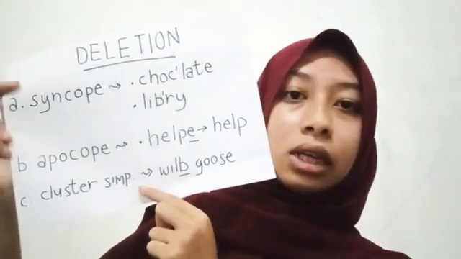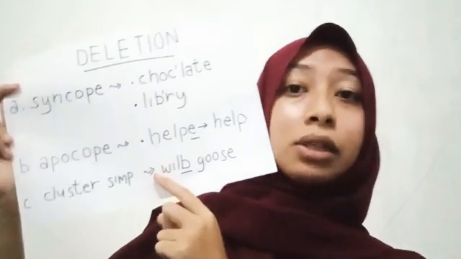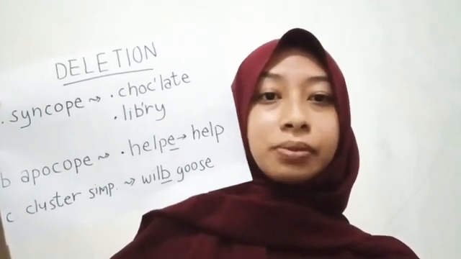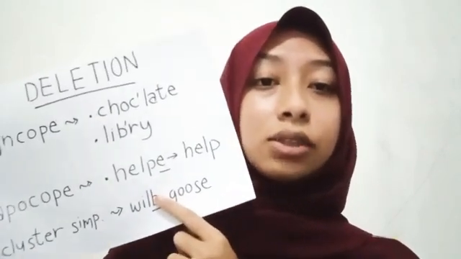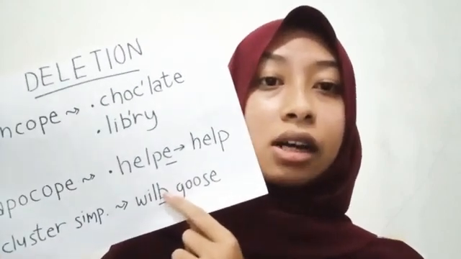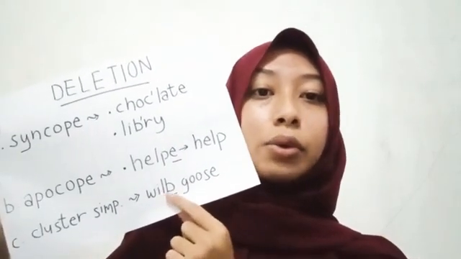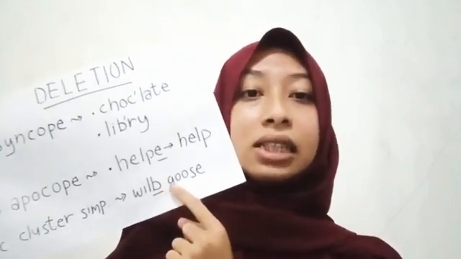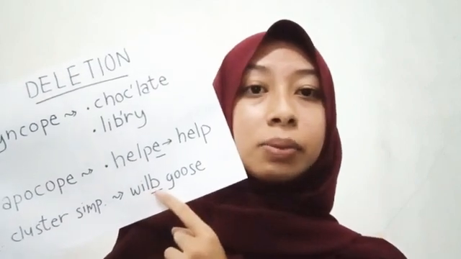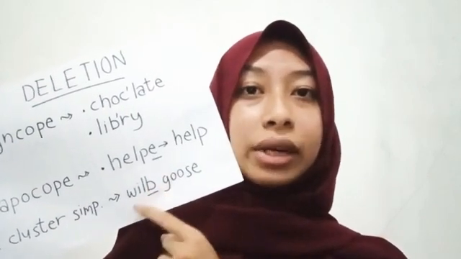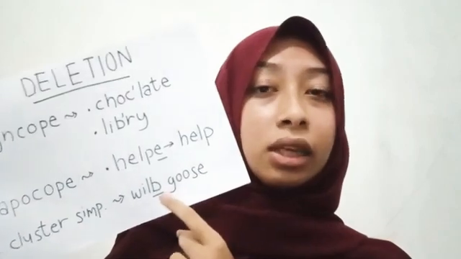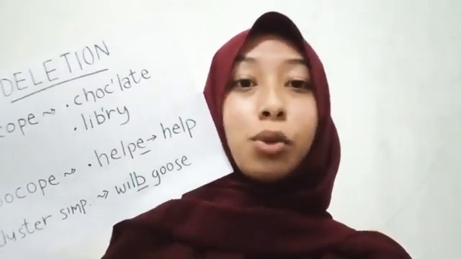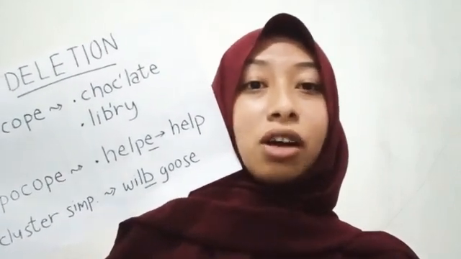And the third type is cluster simplification, also called cluster reduction. This is the word wild goose, and then the D is omitted, so we can pronounce it as wil' goose, not wild goose. So we omit the D here.